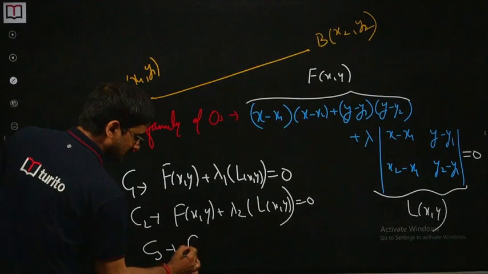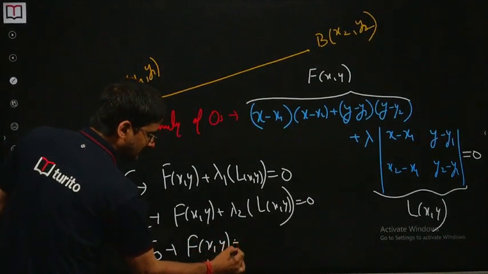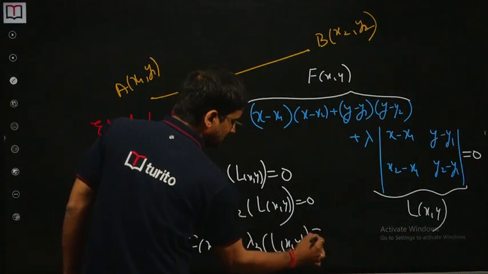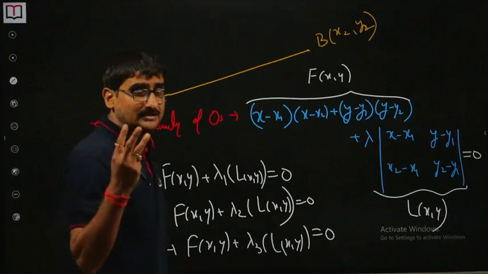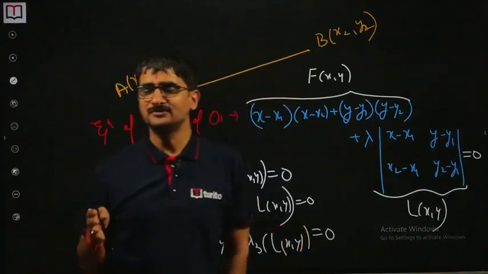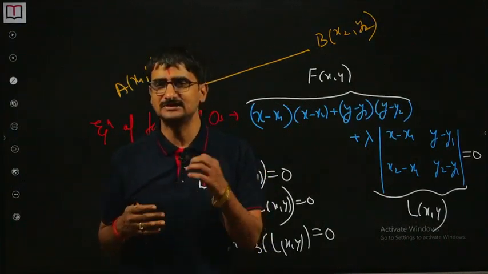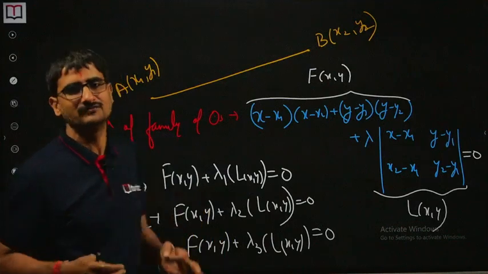C3 will be, for three different values of lambda, we have three different circles. Now these are three circles, so lambda 1, lambda 2, lambda 3 are assumed to be known numbers. Then only we have known circles, three given circles, C1, C2, C3 of this family.